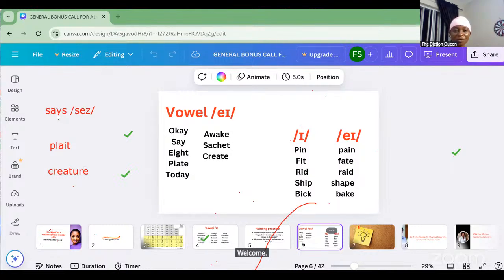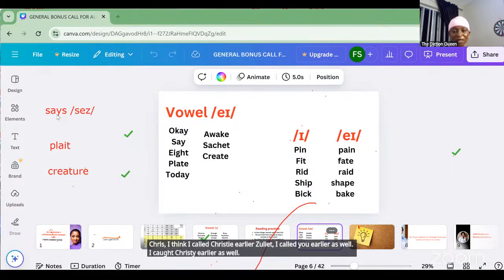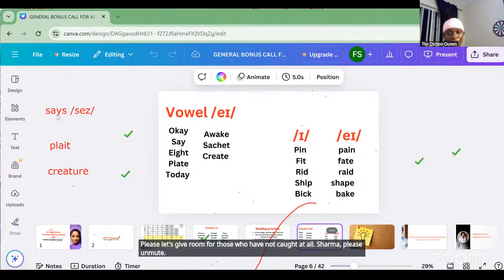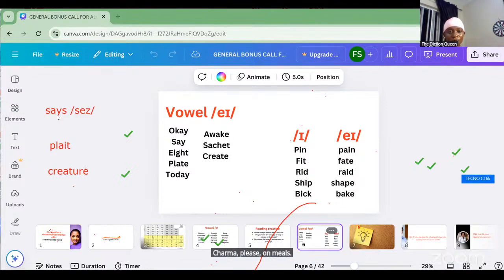Chris, I think I called Christy earlier. Zuliyat, I called you earlier as well. Please, let's give room for those I have not called at all. Chioma, please unmute. Chioma, are you there?